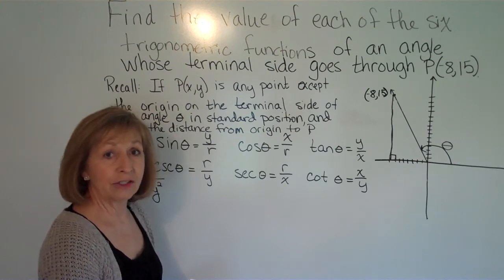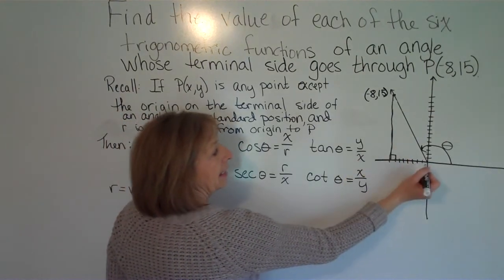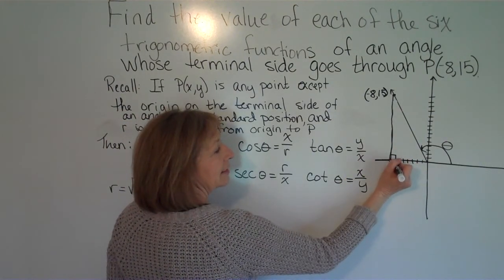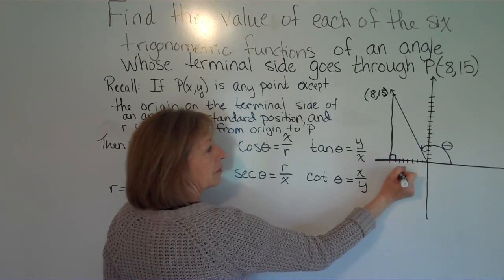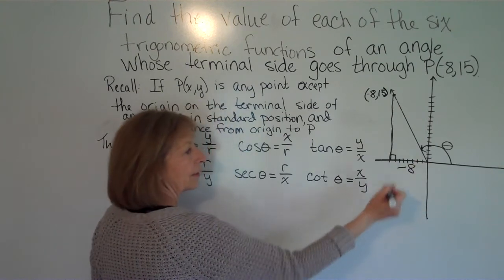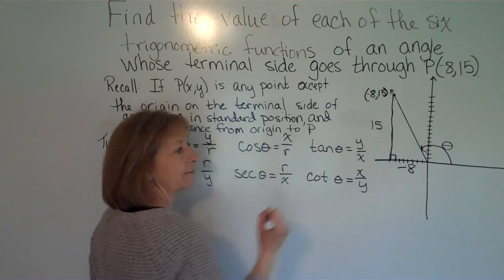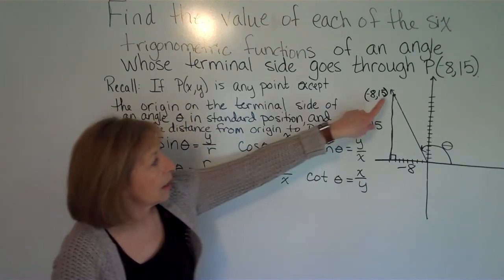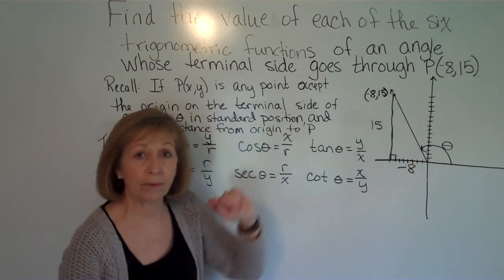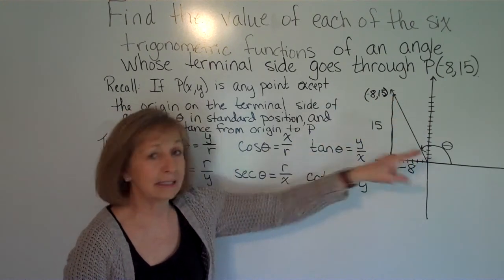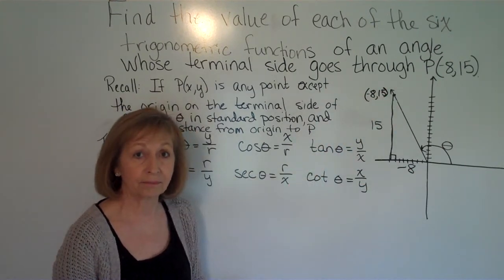And if I wanted to look at why they set this up, my x-coordinate is the distance from the origin horizontally until you get underneath the point. So that's your -8. Your y-coordinate then is your vertical distance to get to the point, so that's a +15. And our hypotenuse is the distance from the origin to that point. So your r, that distance between the origin and the point, is really the hypotenuse of that right triangle.